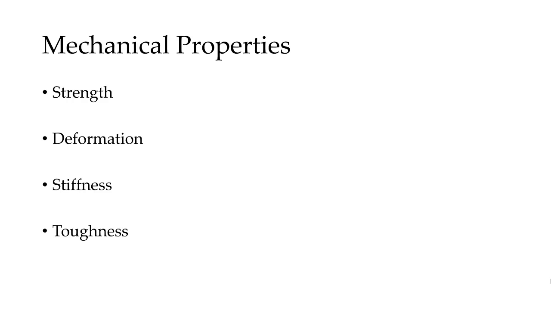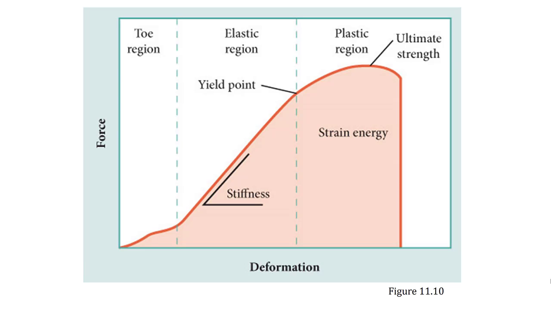With those fundamentals out of the way, let's take a look at the mechanical properties of strength, deformation, stiffness, and toughness. And we are going to do this by looking at a typical force deformation curve. Again, we're going to plot the deformation on the horizontal axis and the force on the vertical axis.